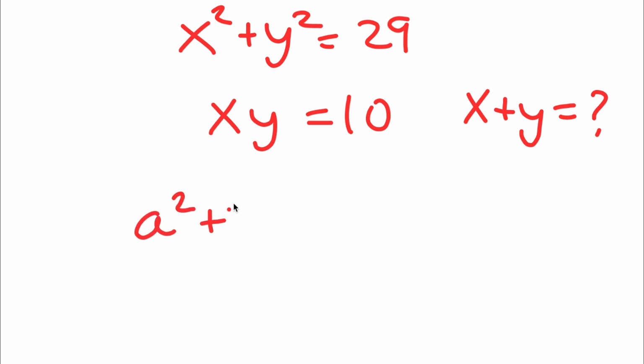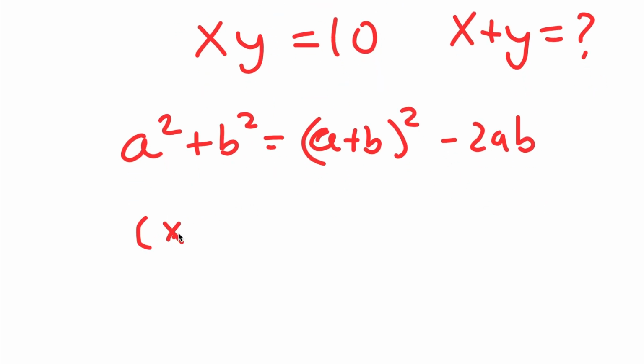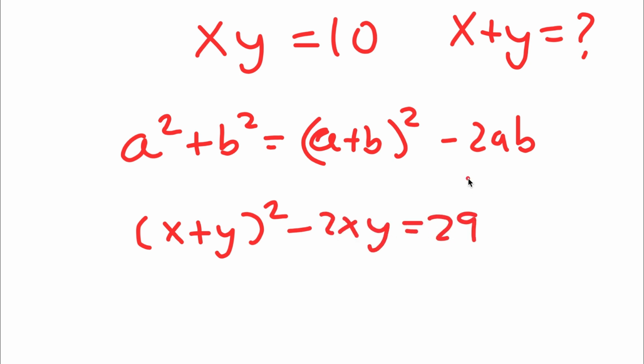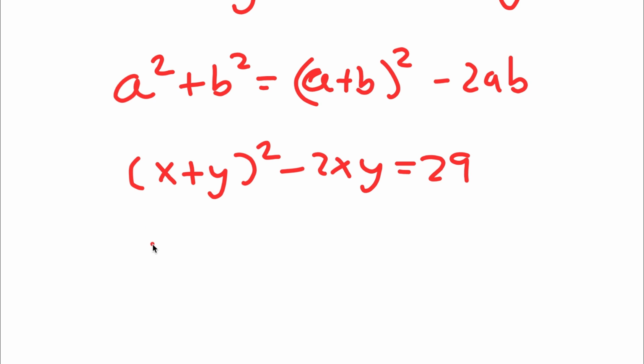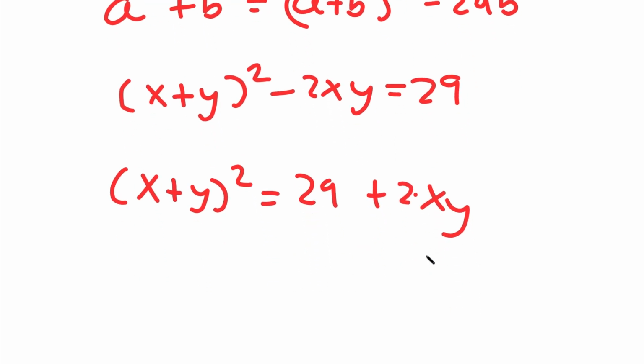Now I'm going to use the property a squared plus b squared is equal to a plus b squared minus 2ab. So in this case, x plus y squared minus 2xy is equal to 29. And this also means that x plus y squared is equal to 29 plus 2 times xy.